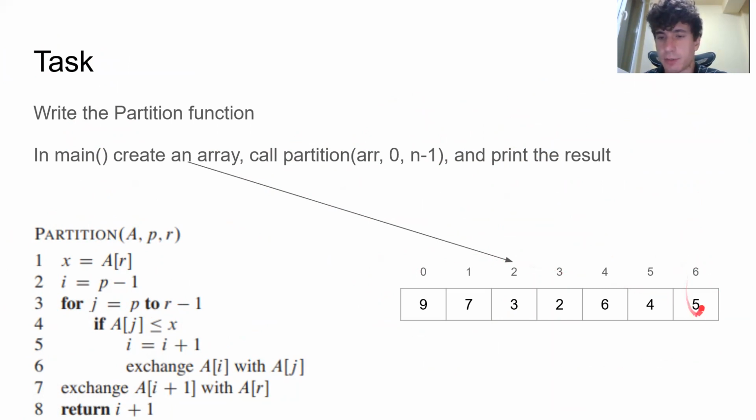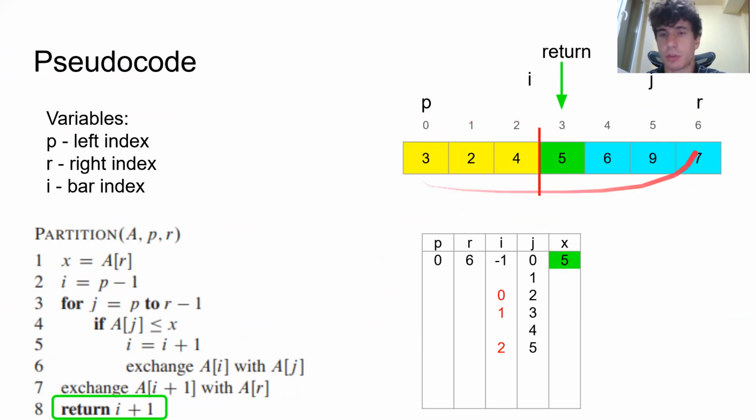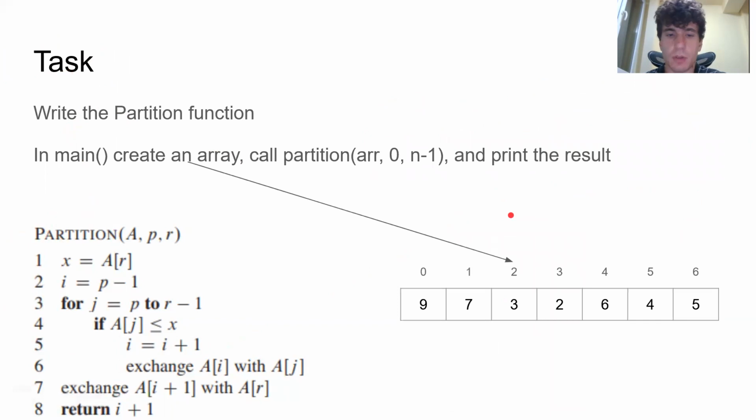Please check that 5 is somewhere in the middle. It should look like this in the end. Now go ahead, put the pause in here and try to write the function. All right. Let's see what's next.